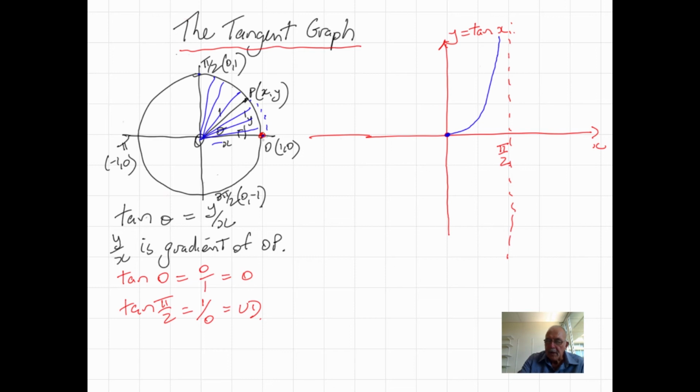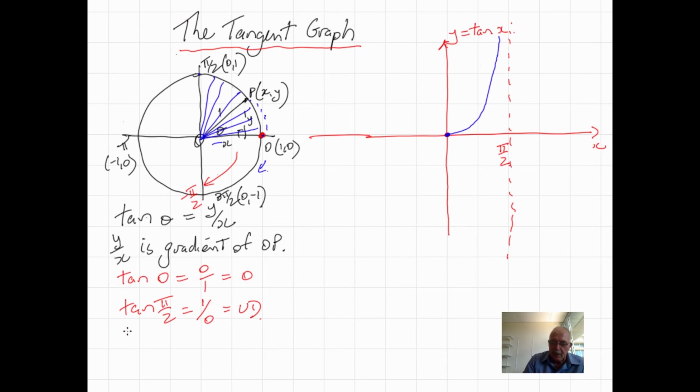Now, if we start at the origin and go in this direction, we're going in the negative angle. So 3 pi on 2 going all the way around here is the same as going negative pi on 2. So going from there to there is like going negative pi on 2. It's exactly the same as going all the way around there. We get the same angle.